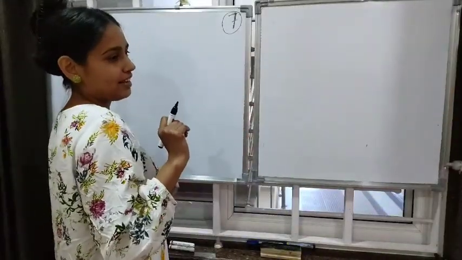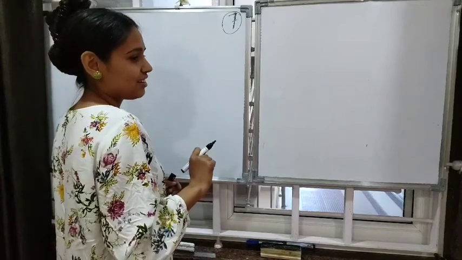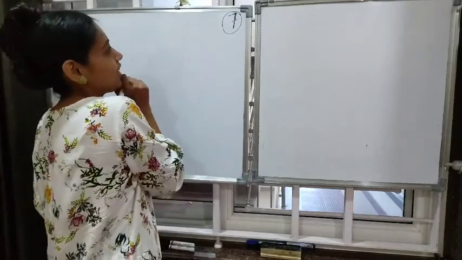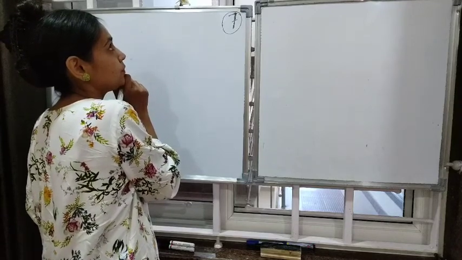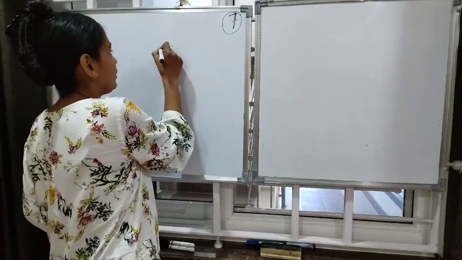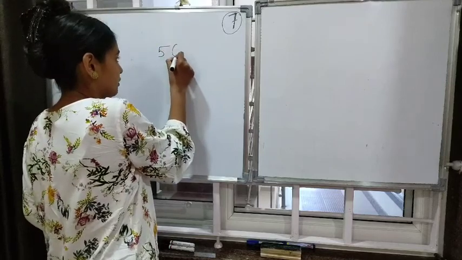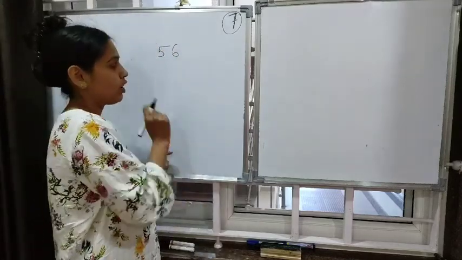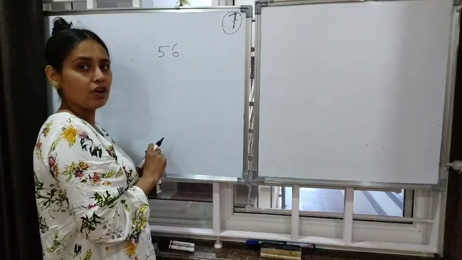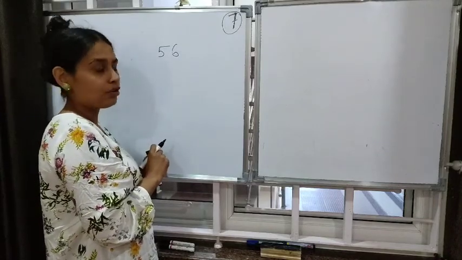So let's take an example. Krishna, let's take an example. Suppose 56. First thing, you have to bring it in decimal form. Decimal form how?